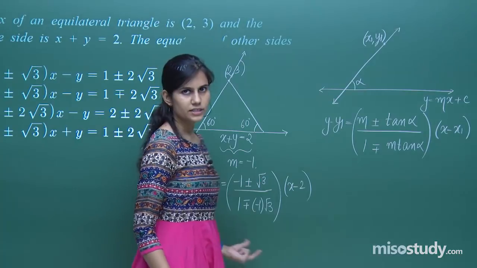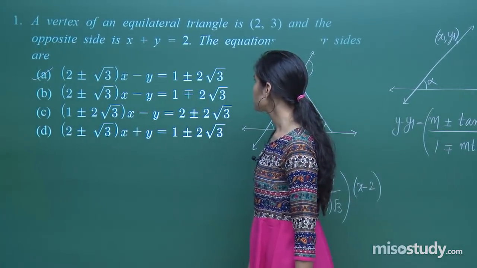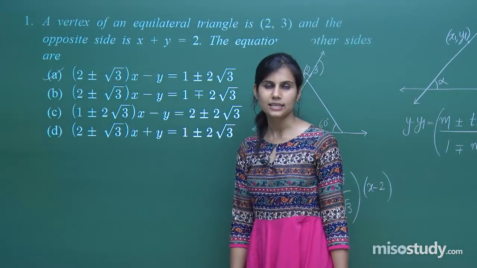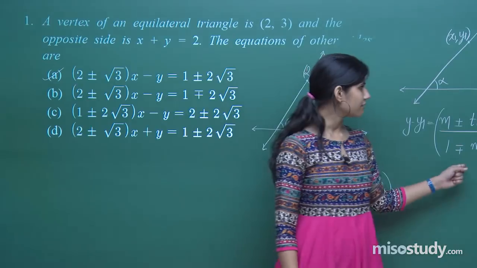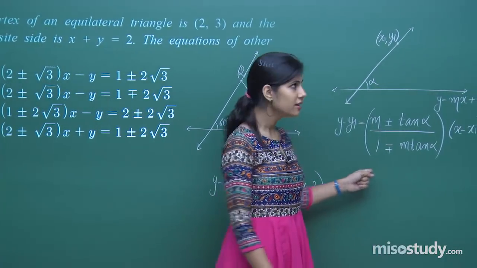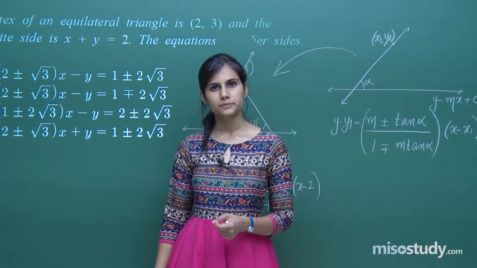And when you resolve this, you get (2 plus minus root 3)x minus y equals 1 plus minus 2 root 3 as the equation of the other two sides of this equilateral triangle just by using this concept. Very clear? I have just applied the direct concept and got my result and answer.